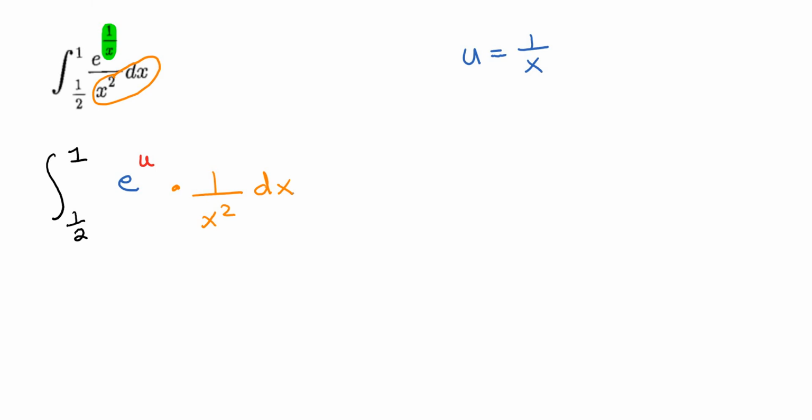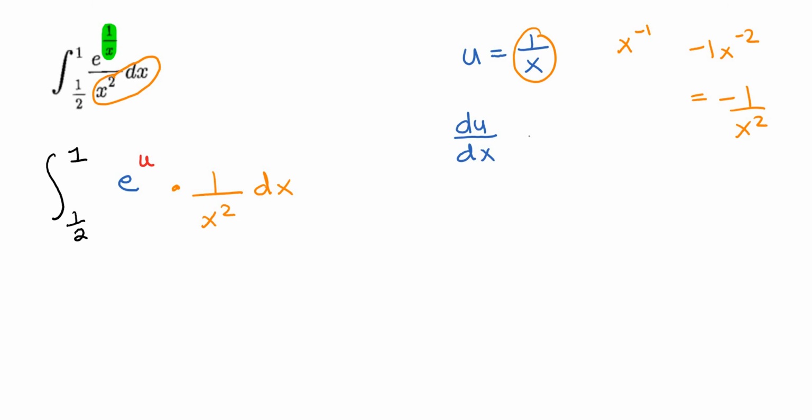And let's go to the right hand side now, and let's go ahead and find the derivative. So this will be du over dx. Now remember, 1 over x is the same thing as x to the power minus 1. And if I take its derivative, it's going to be negative 1 x to the power negative 2. And if I rewrite that, that's going to be negative 1 over x squared.